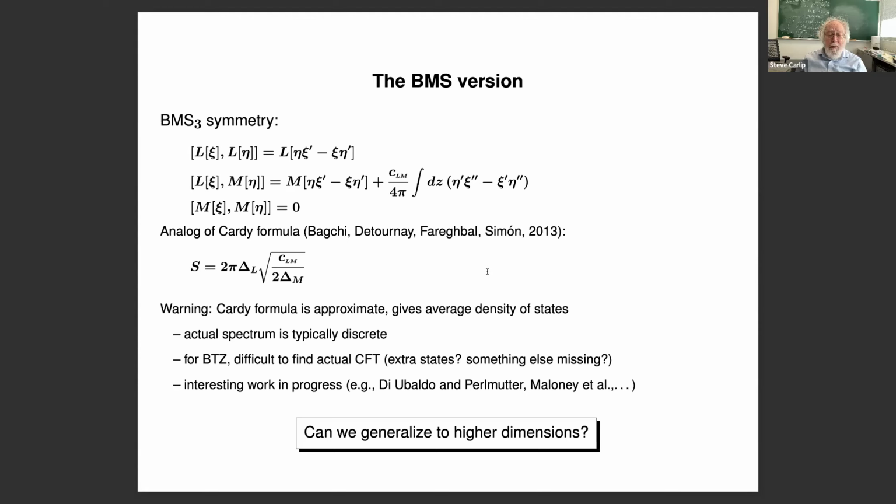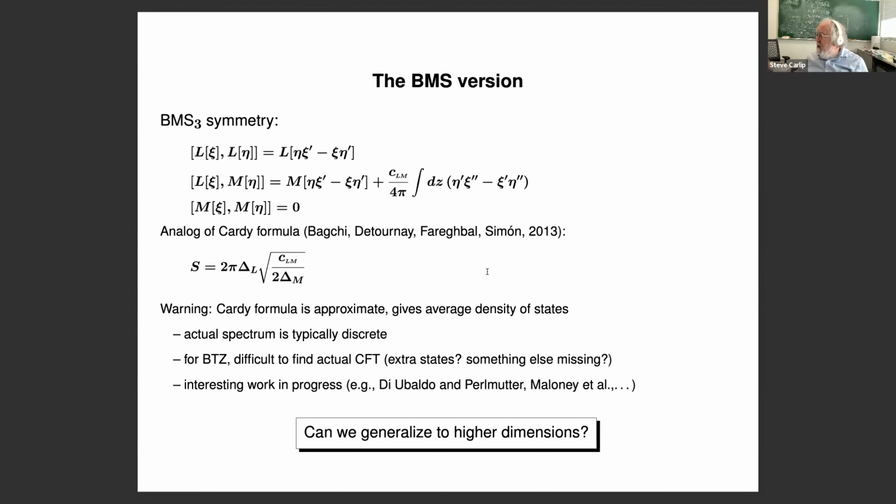A lot of us hope that it is, because even though we have this nice derivation of the BTZ black hole entropy, so far it's been extremely hard to find an actual conformal field theory that gives that density of states. There's one candidate called Liouville theory, which is a continuous conformal field theory. It has a continuous set of states.